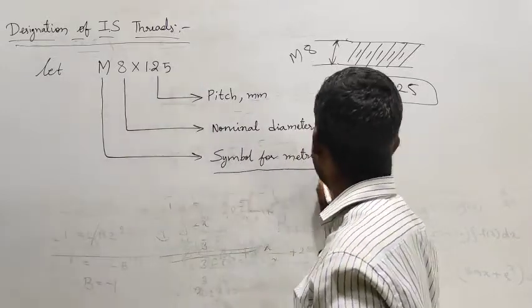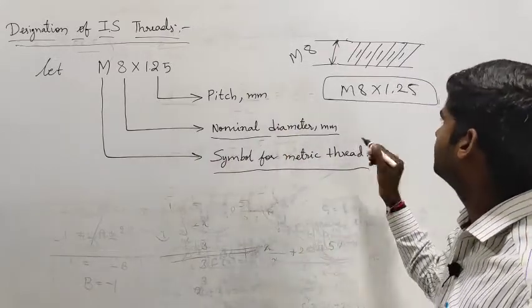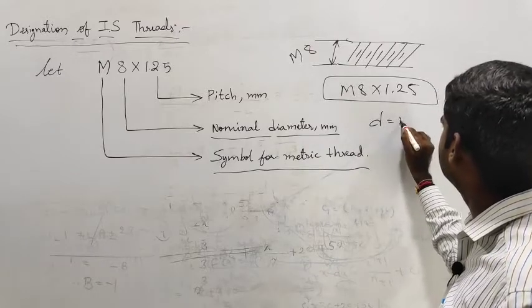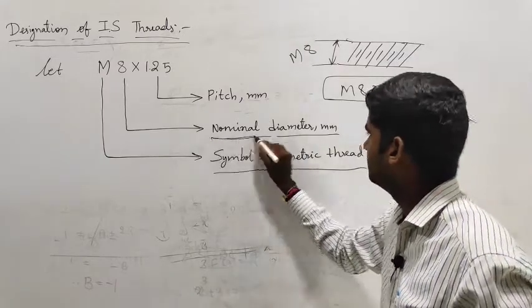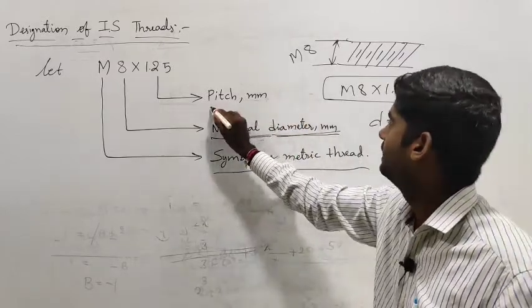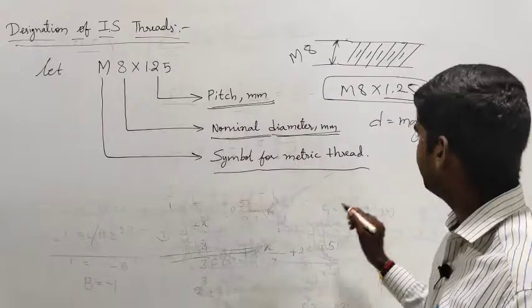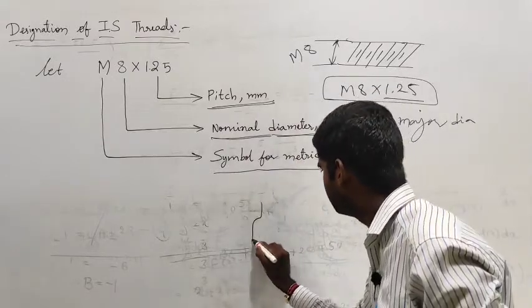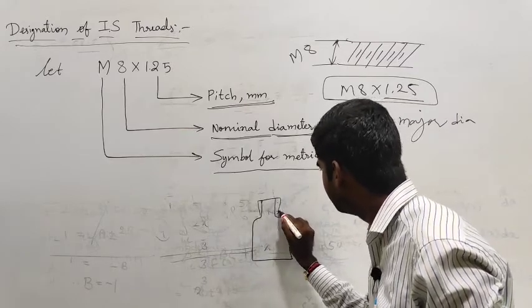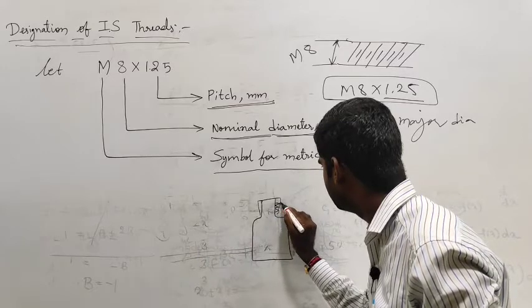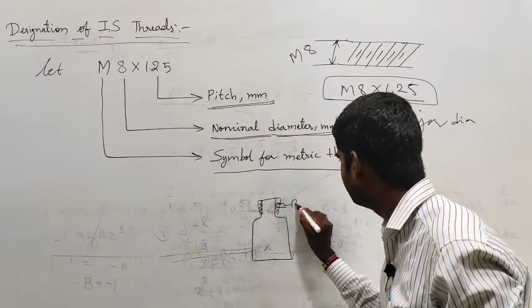M is the symbol of a metric thread. 8 is the nominal diameter, meaning the major diameter d of the thread, in mm. 1.25 is the pitch. Why do we use pitch? Take a bottle with a cap. The distance between one thread point and the next thread point, between the cap and the bottle, is called the pitch.